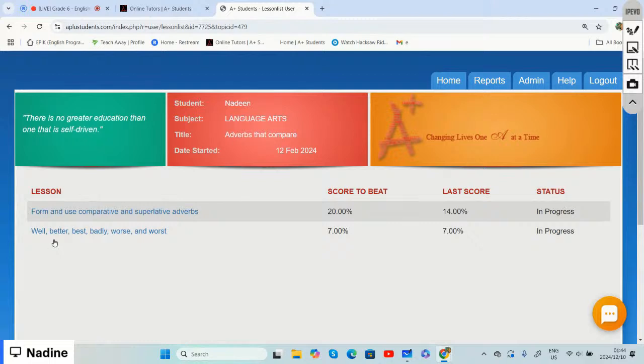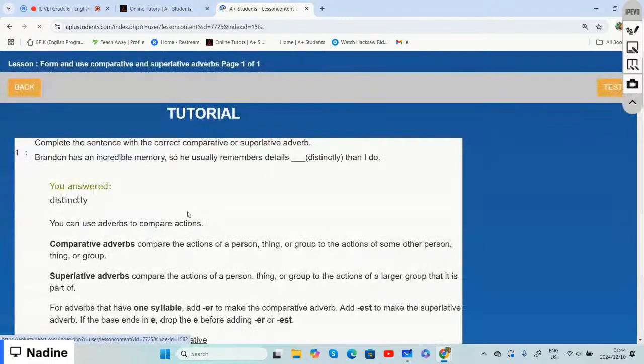All right. So we made mention of adverbs that compare. Firstly, an adverb is a word that tells us more about the action that takes place, whether the action takes place between one person or more than one person. And we said adverbs that compare actions: we have a comparative adverb as well as a superlative adverb.